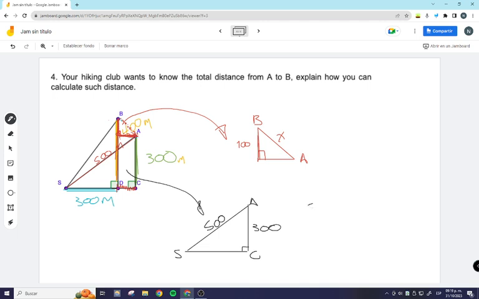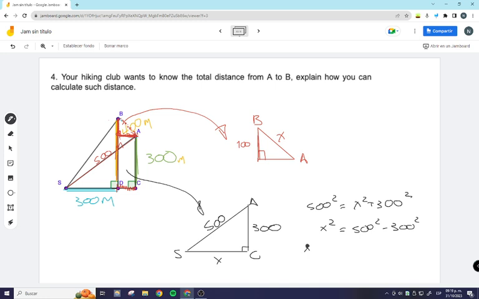So 500 squared is x squared plus 300 squared. But we can find x squared by subtracting these two. 500 squared minus 300 squared, because if we have the hypotenuse, what we do is subtracting.